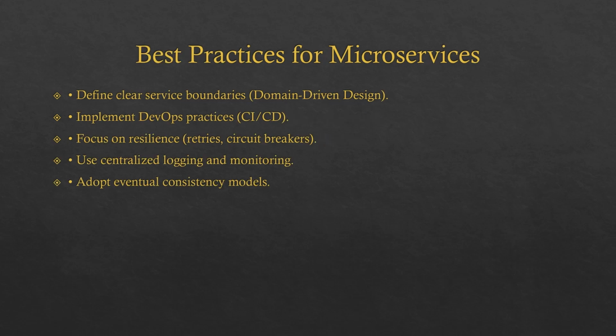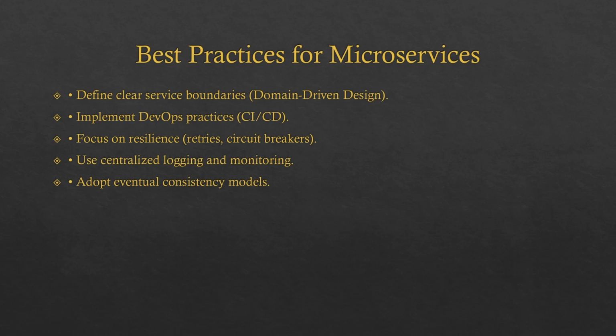To make the most of microservices, it's important to follow best practices. Define clear service boundaries using domain driven design to ensure services are focused and cohesive. Implement DevOps practices with CI/CD pipelines for seamless updates.